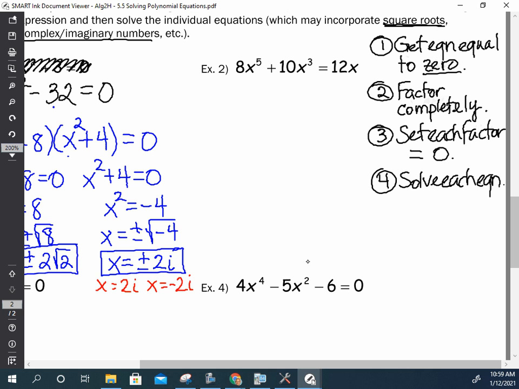All right, example 2. So we've got 8x to the 5th plus 10x to the 3rd equals 12x. Be mindful of the fact that the biggest exponent is 5. So that means you need 5 answers. You need 5 answers to this problem.